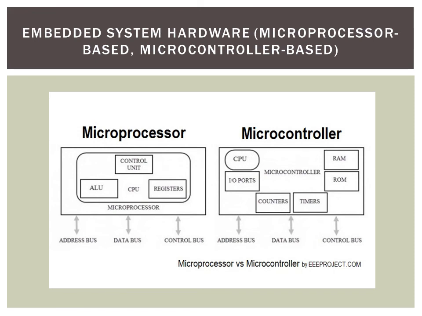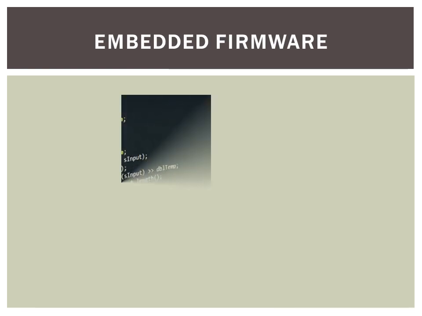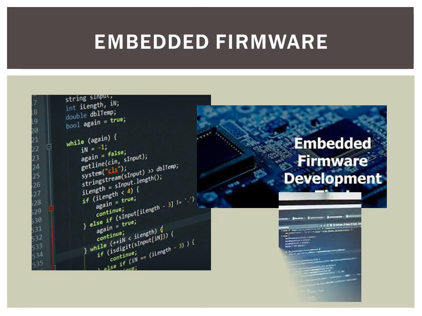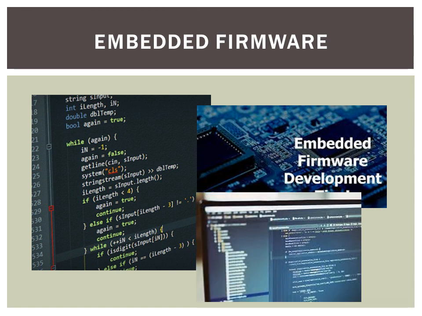And for our last subtopic, embedded firmware. The firmware on embedded systems, referred to as embedded firmware, is specific software written into the memory of a device that serves the purpose of ROM, but this can be updated more easily.